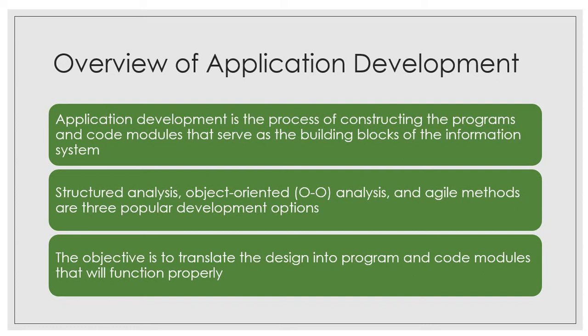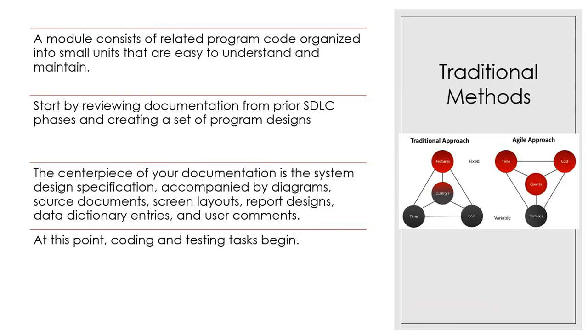Application development is the process of constructing the programs and code modules that serve as the building blocks of the information system. We have these 3 popular development options. The first one is structured analysis, the second one is object-oriented, and the third one is the agile method. Its main objective is to translate the design into program and code modules that will function properly.